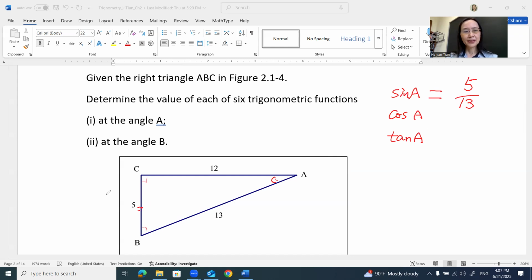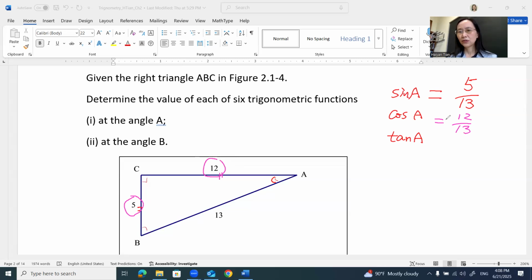Cosine A. Cosine A is the side adjacent to A over hypotenuse. So we get 12 over 13. Tangent A. Tangent is the opposite side over adjacent side.